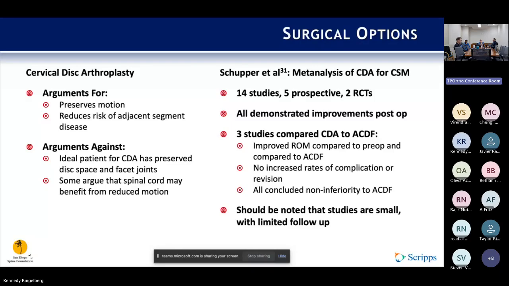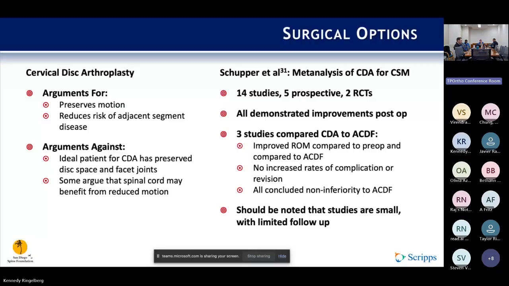I did find one meta-analysis describing outcomes of cervical disc arthroplasty for CSM. This included 14 studies, 2 of which were randomized controlled trials. Basically, all patients demonstrated improvements post-operatively. And there were 3 studies that directly compared arthroplasty versus ACDF.